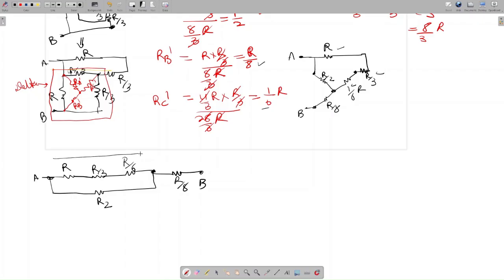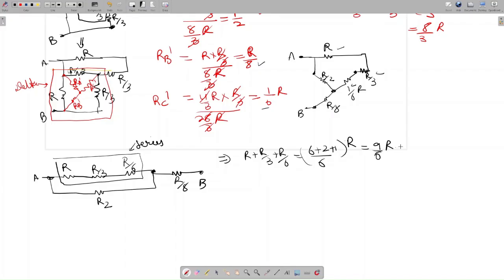So now this is a series. It will become R plus R by 3 plus R by 6, which is equal to 6 plus 2 plus 1 over 6, so it equals 3 by 2R.